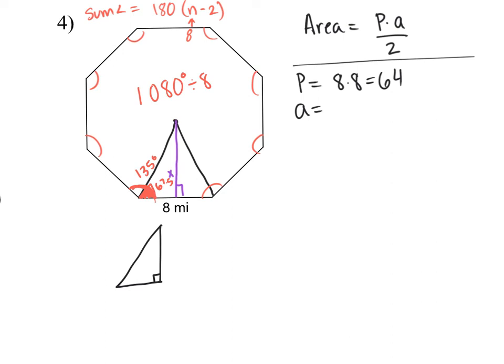I know that I'm trying to find this line, my apothem. I also know that this angle is 67.5 degrees, and I know that this base length, the entire thing, is 8. So the piece that I'm using in this triangle must then be 4. So to solve for this, I'm going to use trigonometry. I have this angle, so this must be my opposite and my adjacent, which means tangent would be a good idea to solve.